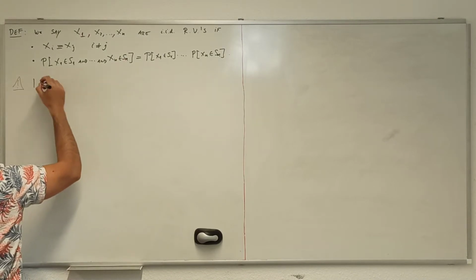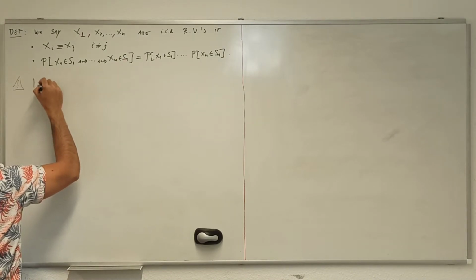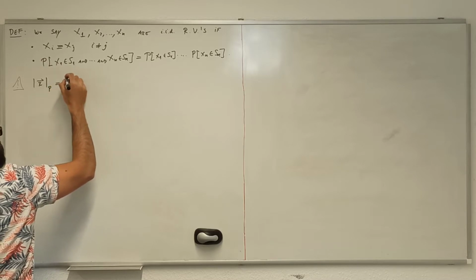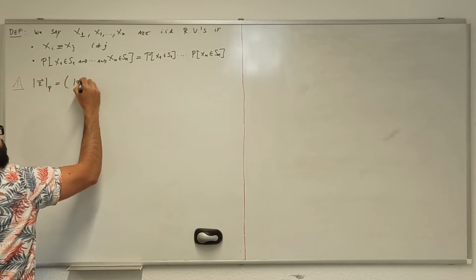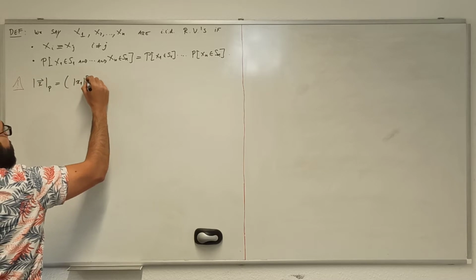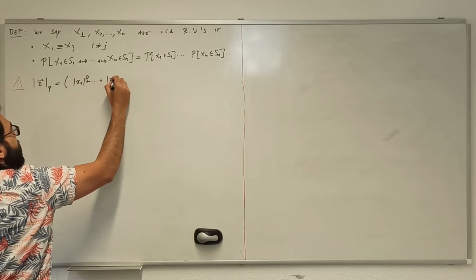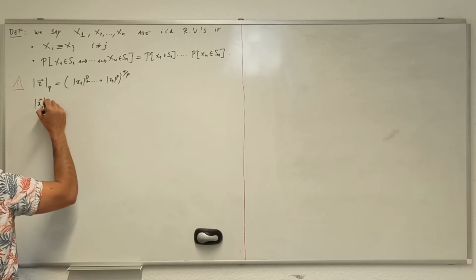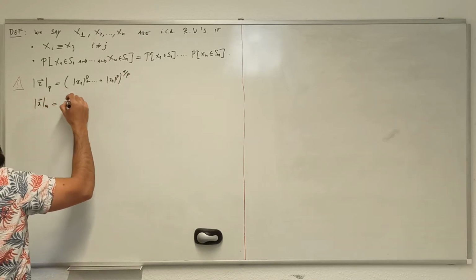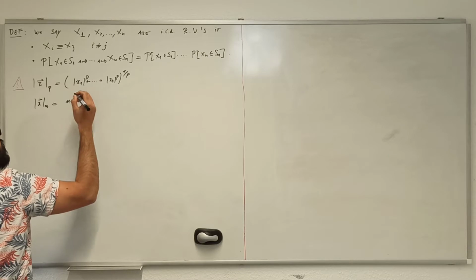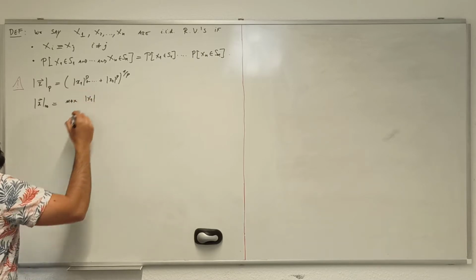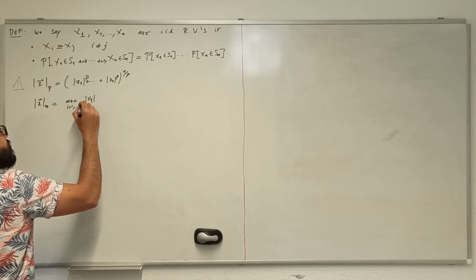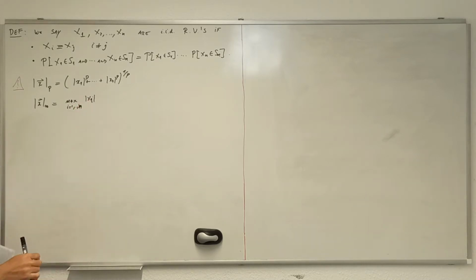If you take any vector, let's say x, the norm p is just, you take x1 to the p, and you add up to xn to the p, and you take 1 over p. The infinity norm is just the max of the entries x1 to xn.